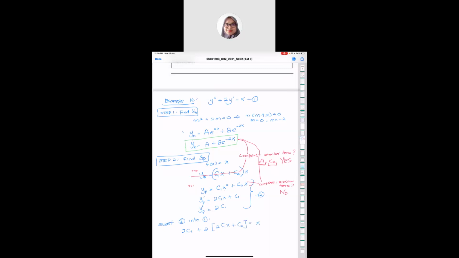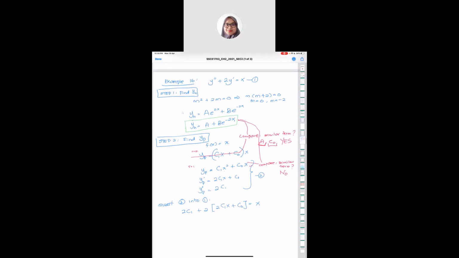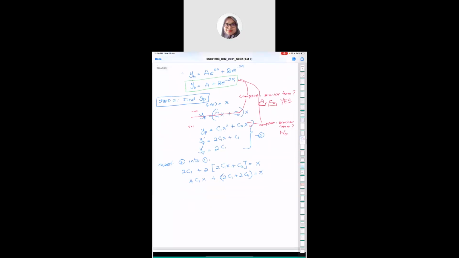Okay, so if I kumpul dia punya coefficient kat sini, saya dapat 4C1x plus 2C1 plus 2C0 equal to x, where I have 4C1 equal to 1, C1 equal to 1 over 4.